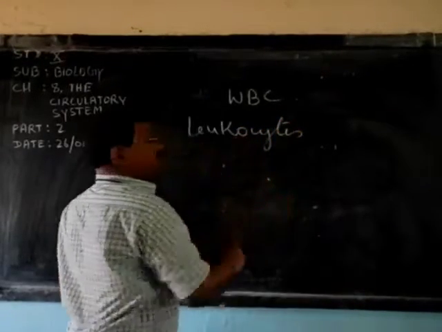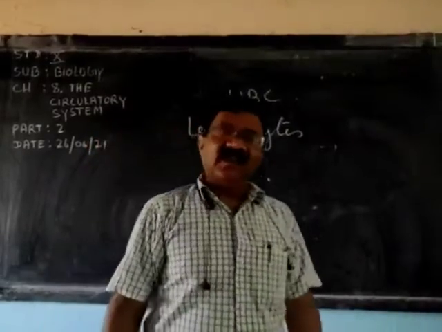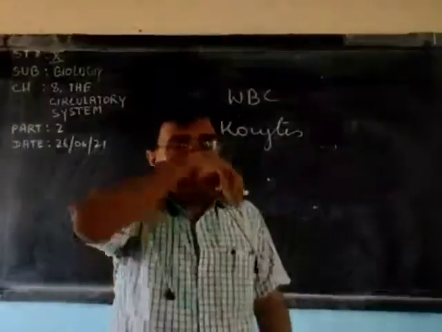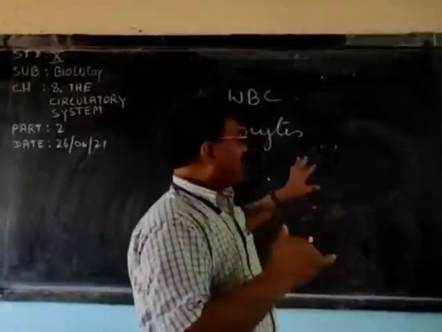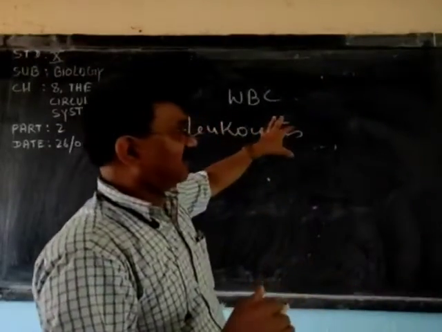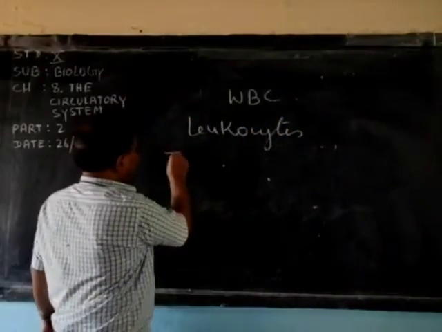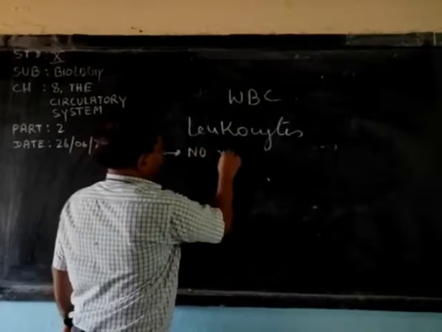Okay, the scientific term for the WBC is leukocyte or white blood cell. Now first thing, how it is different from the RBC. The WBC contains a nucleus, but the RBC has no nucleus.